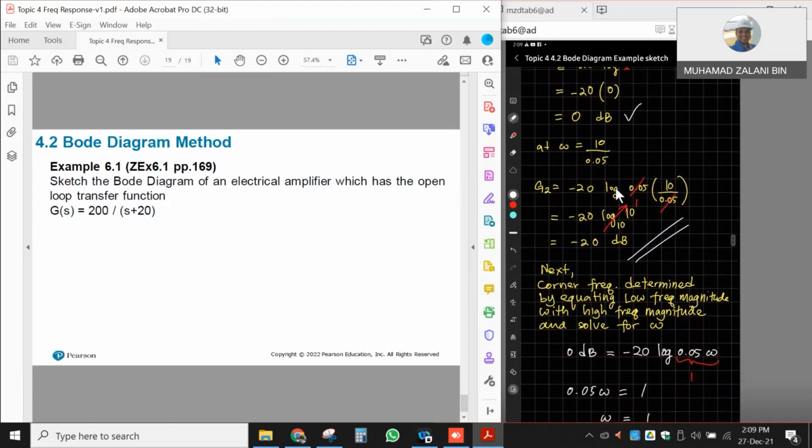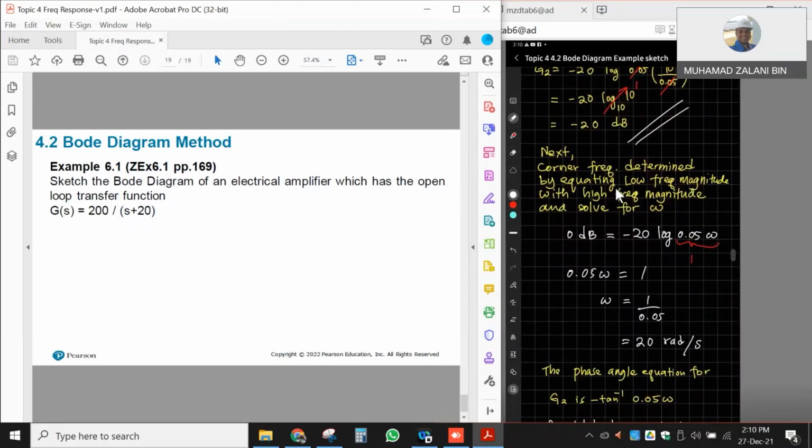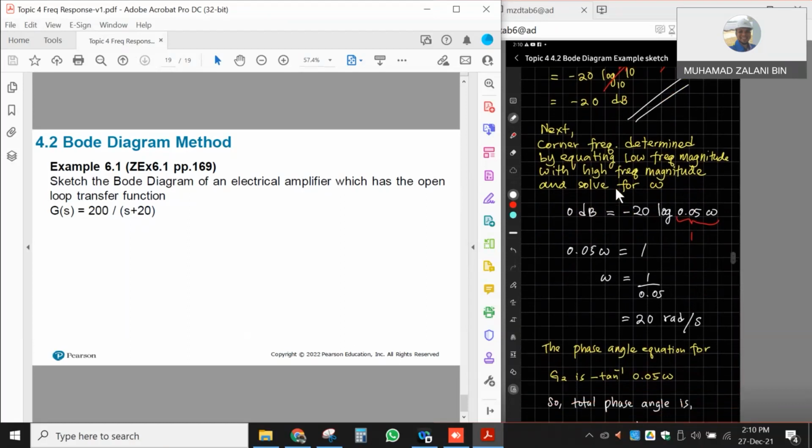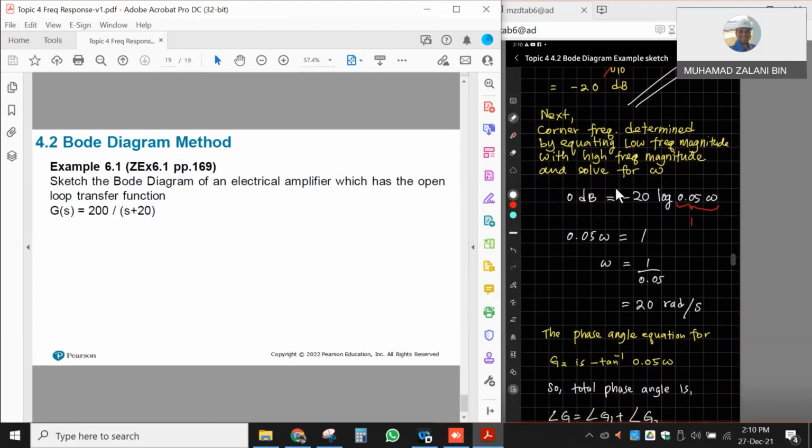Then we should imagine that the next omega, if we substitute omega equals to 100 over 0.05, we should expect the result of G2 becomes -40. Next, we determine the corner frequency.